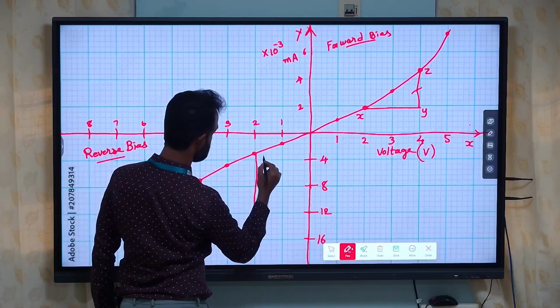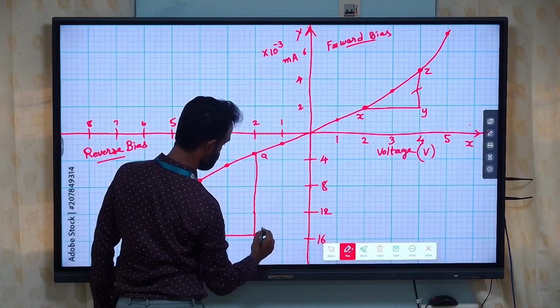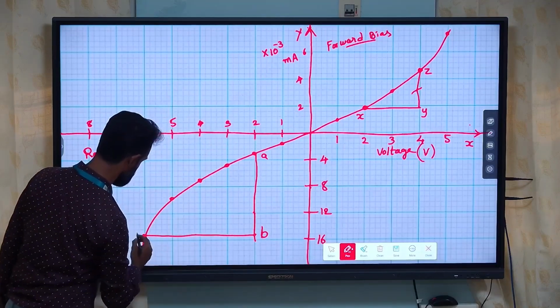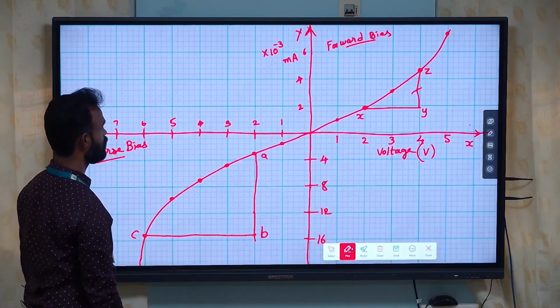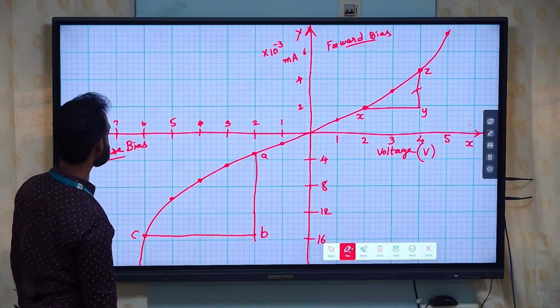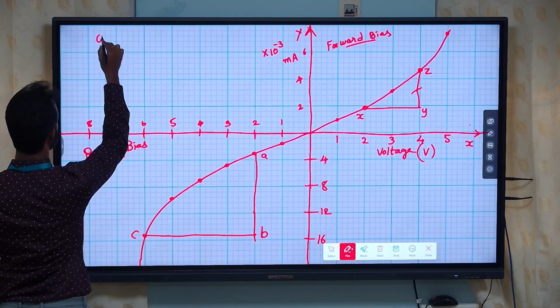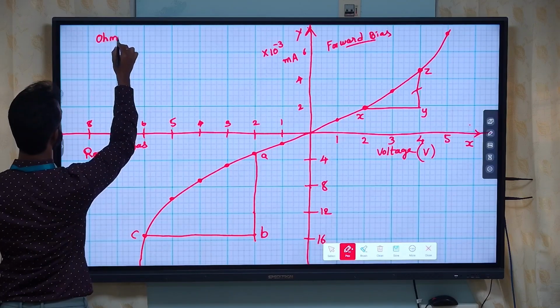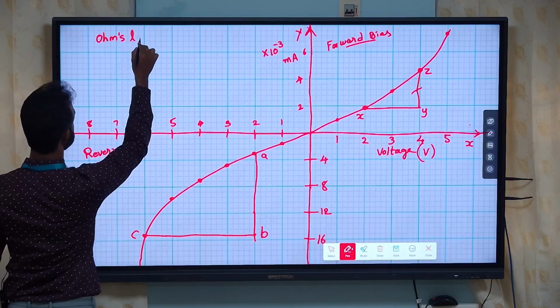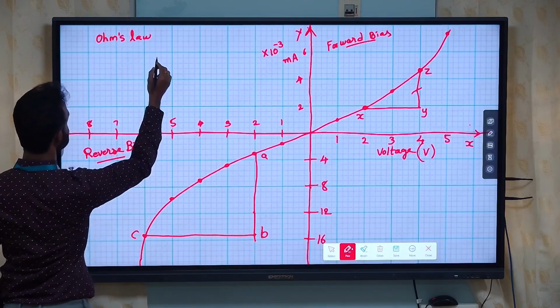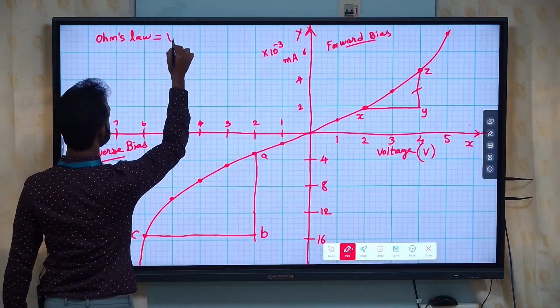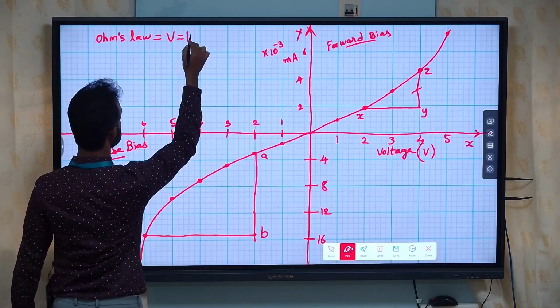Likewise, you can take it here as this one is A, this point is B and this point is C. In this, Ohm's law, that is V equal to I R.